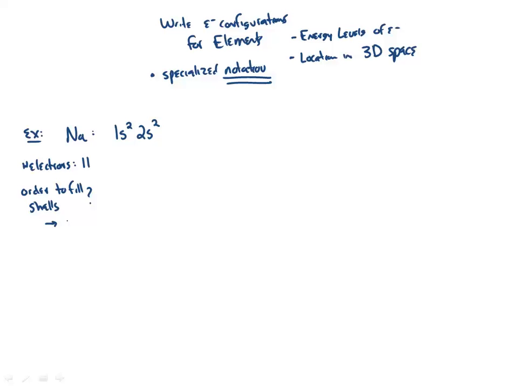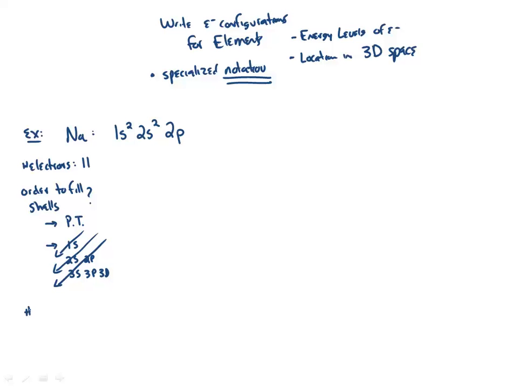Nope. So you can either look on your periodic table for that filling, or you can remember the little pyramid where it's 1s, 2s, 2p, 3s, 3p, 3d, where again we fill it like this. So after the 2s is the 2p.